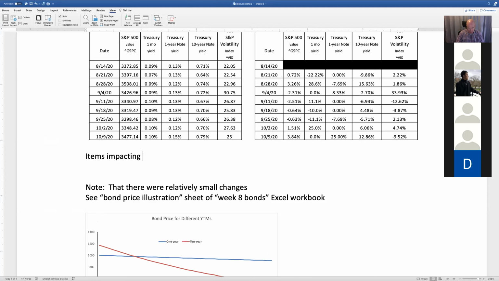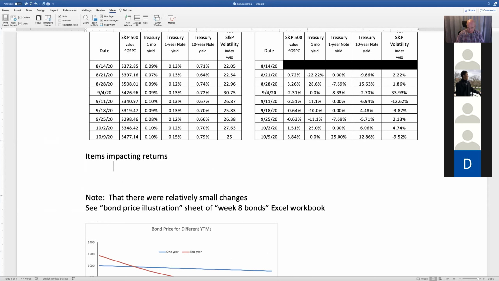All right, impacting returns. Yep, stocks went up due to optimism from the Corona relief bill. Stocks went up due to optimism about, y'all mentioned the same thing.